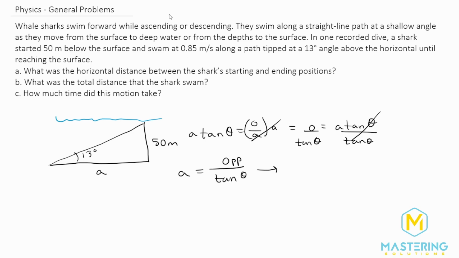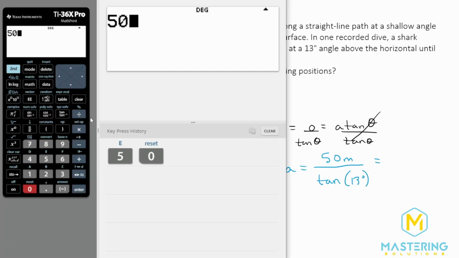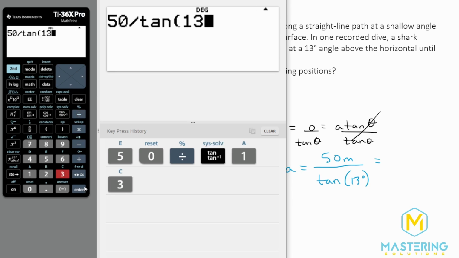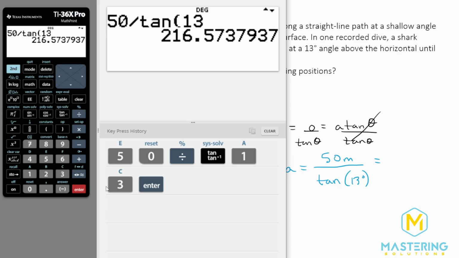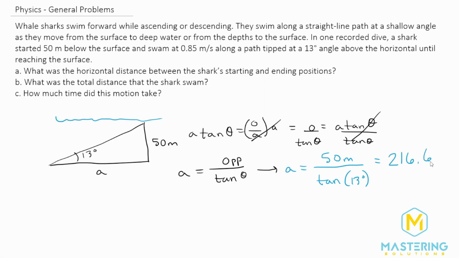So now when we plug that in, we have adjacent is equal to the opposite, which we said was 50 meters, divided by tangent of the angle, which is 13 degrees. 50 divided by tangent of 13 is 216.57 or 216.6. So 216.6 meters for part A of the horizontal distance that the shark swam right here.